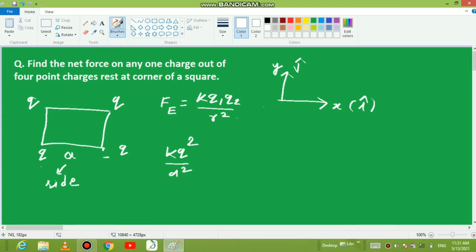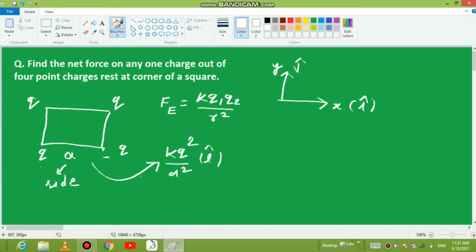Now friends, the direction of the force between these 2 point charges will be I cap.